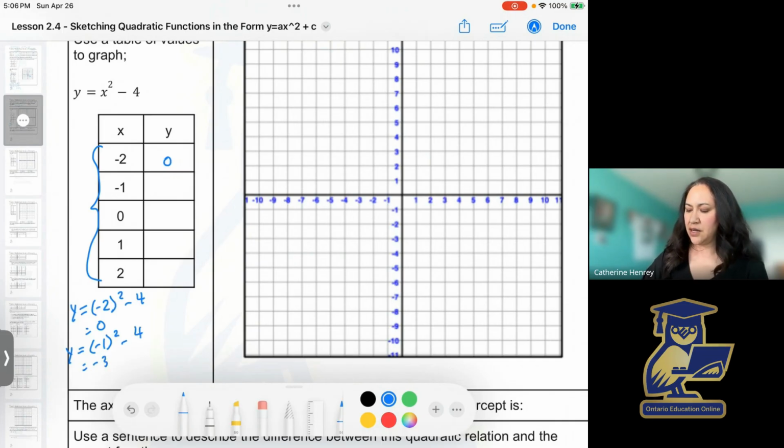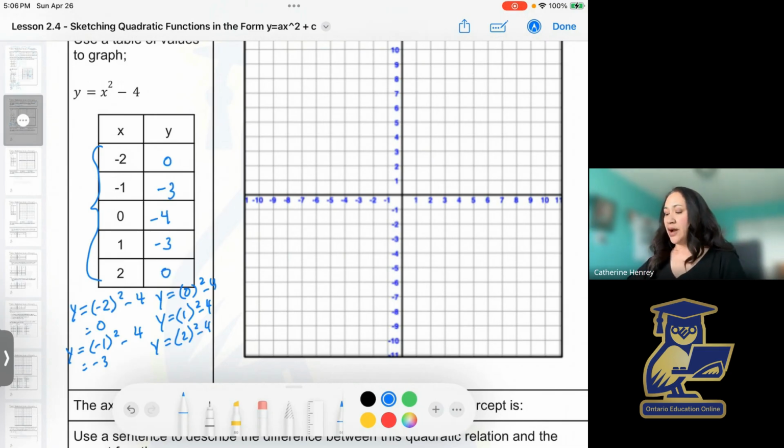That comes out to -3. y equals 0² minus 4. So that's -4. y equals 1² minus 4. That equals -3. And then y equals 2² minus 4, and that equals 0.